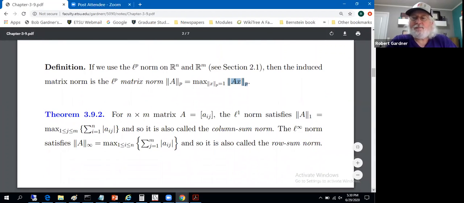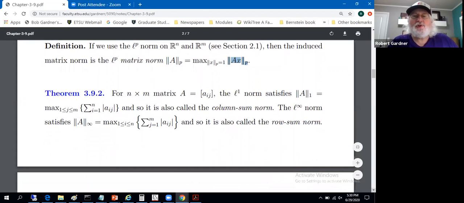And a claim, okay? Theorem 3.9.2 says about these LP matrix norms that for an n by m matrix A, where the entries are A sub ij, the L1 induced matrix norm is the maximum over j of the sum from i equals 1 to n of the absolute value of A sub ij, and so it's called the column sum norm.